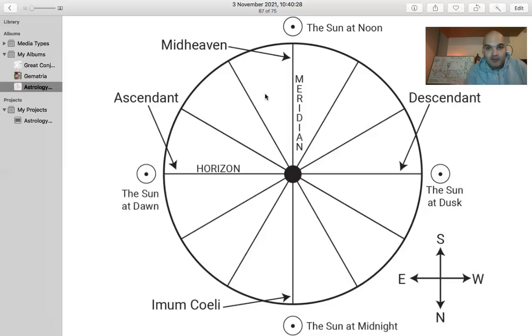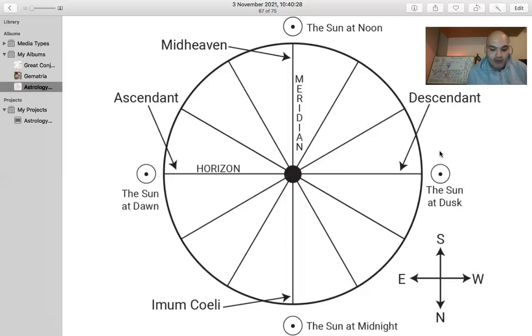But without further ado, what we're going to do now is read about the 4 angles, which are these 4 here: the ascendant, the midheaven, the descendant, and the imum coeli, which obviously makes the cross. So I'm going to leave this image up, because it's going to correspond with what I'm talking about, so you can get a visual image of it while I'm reading it.